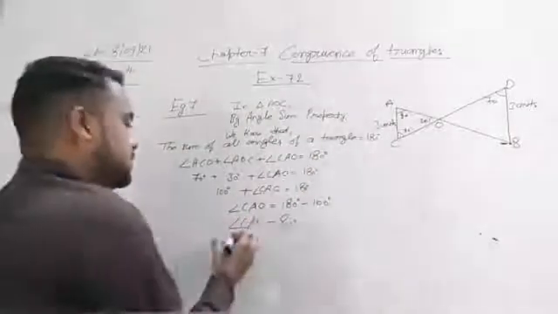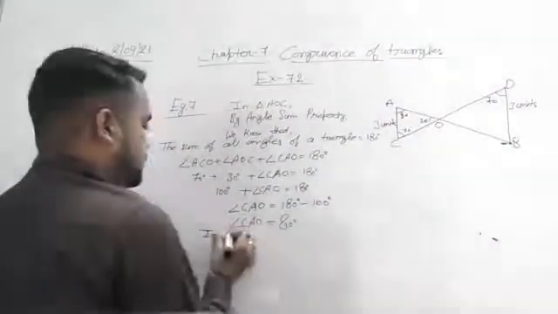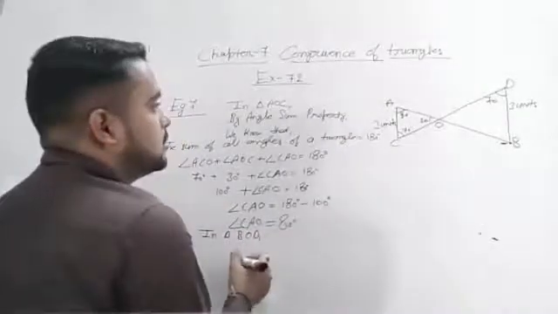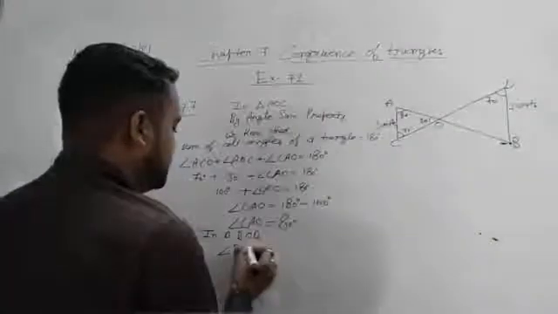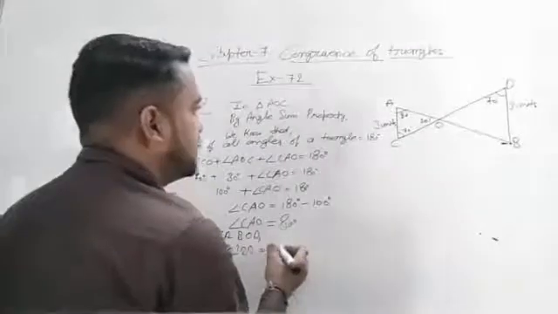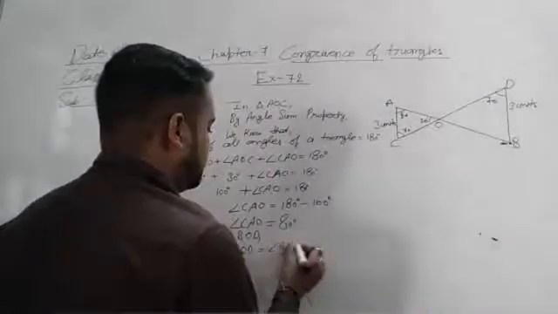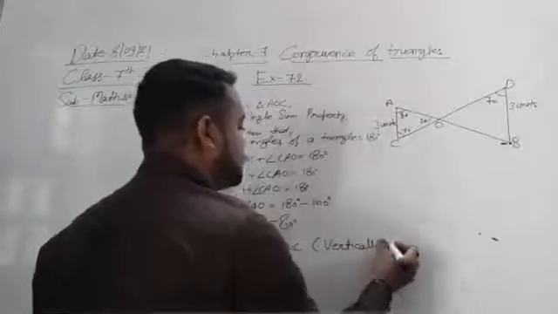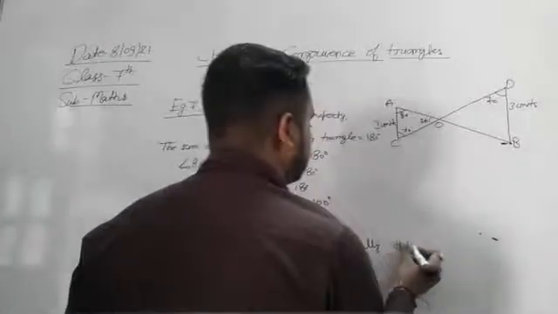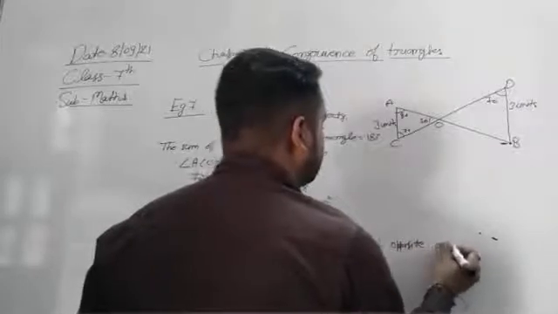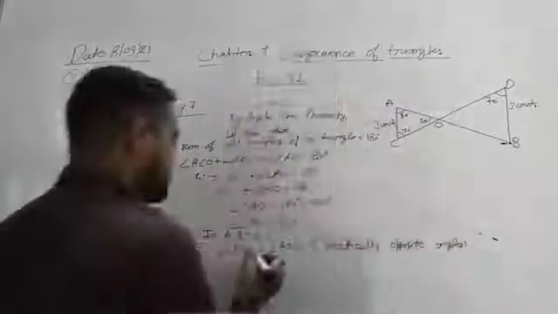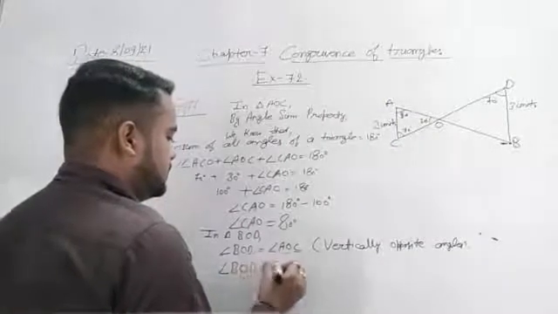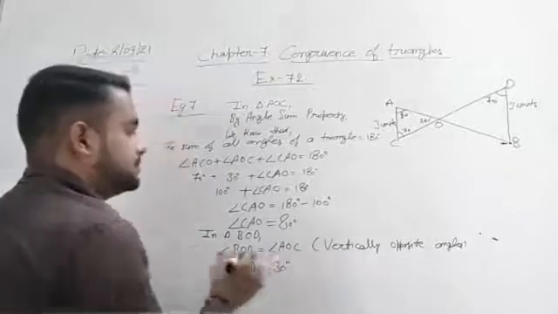And in triangle BOD, angle BOD is equal to angle AOC. Why? Because both are vertically opposite angles. So angle BOD is equal to 30 degrees.